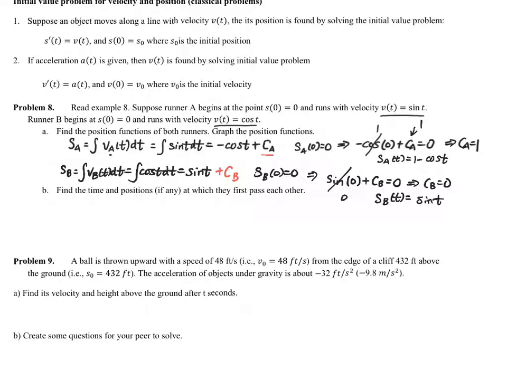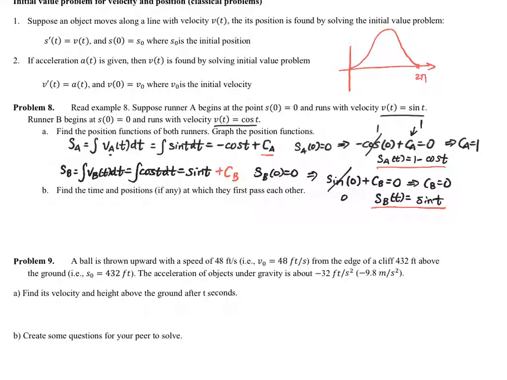That's it. So if you graph both position functions on the same graph, 1 minus cosine t looks like this, from 0 to 2 pi.